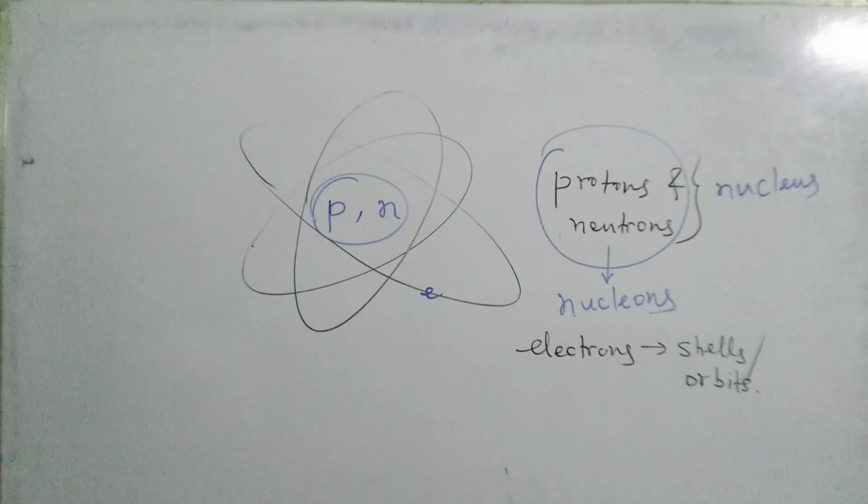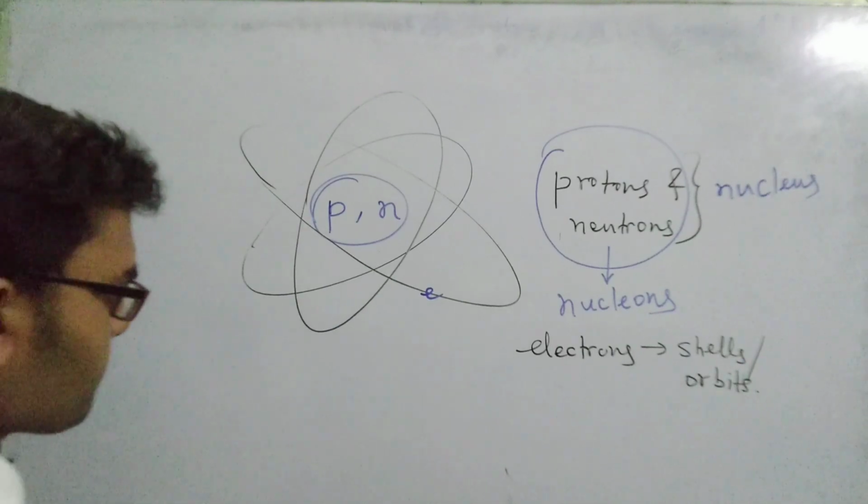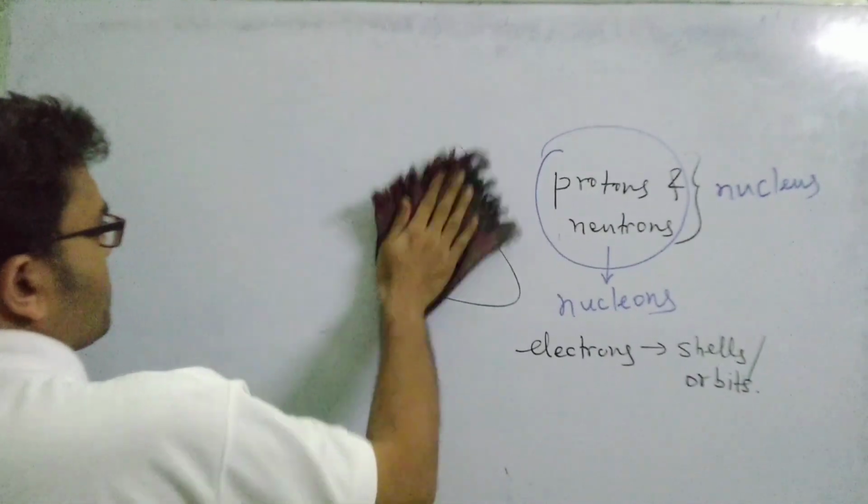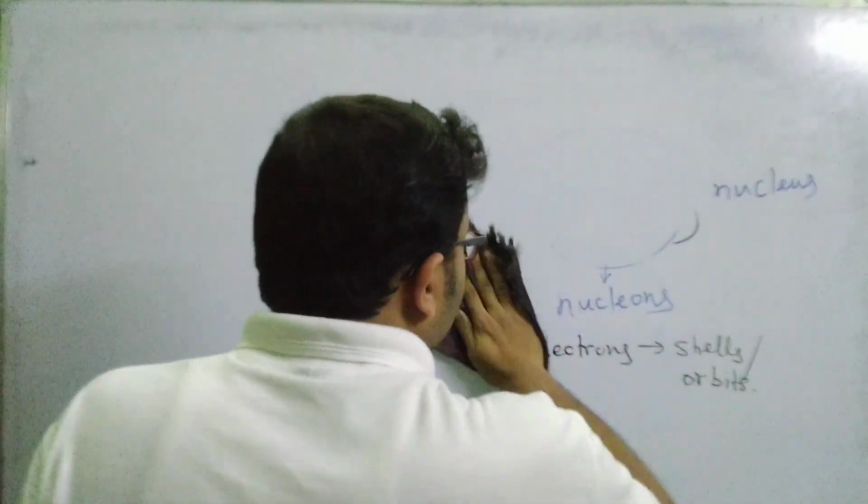Okay, fine. I think the concept of atomic structure is clear. Now, what happens to these atoms? As I said in the definition, atoms may or may not exist independently.